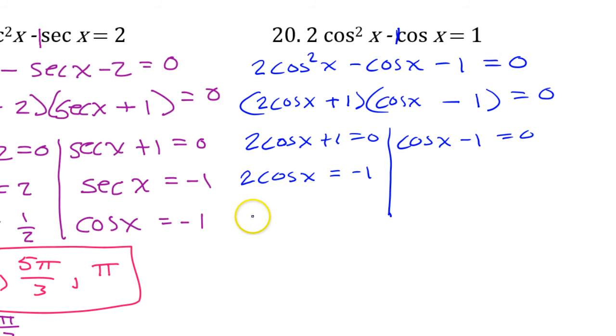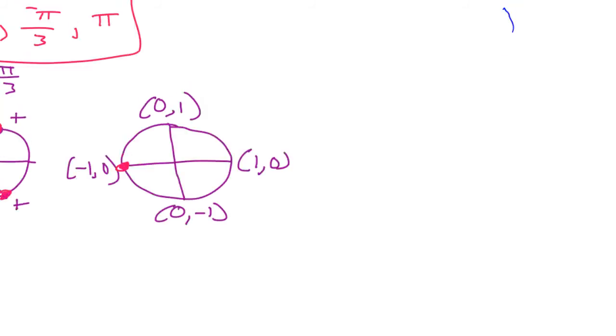Dividing both sides by 2, I have cosine x is equal to -1/2. Adding 1 to both sides, I have cosine x is equal to 1. All right, now let's do our analysis.